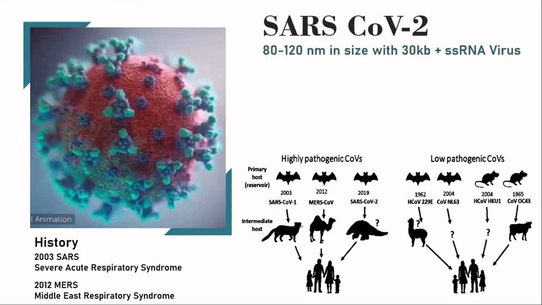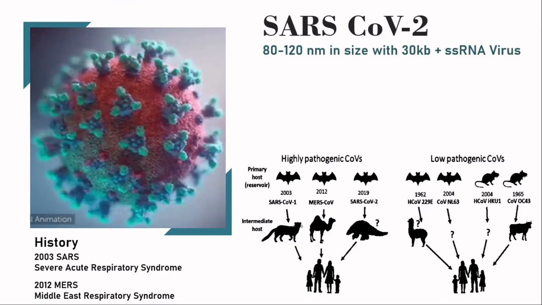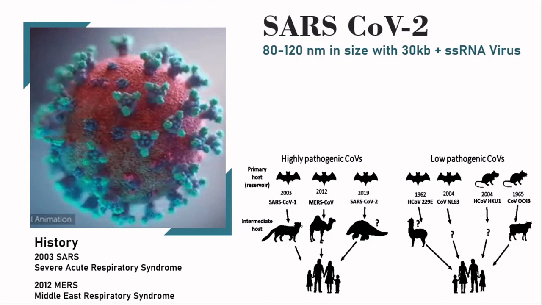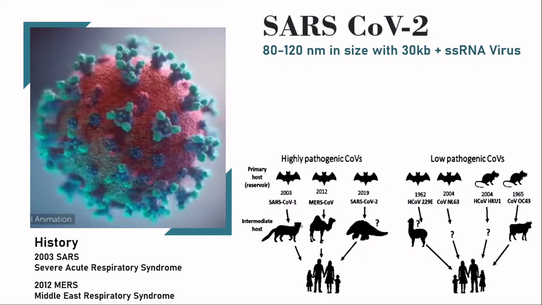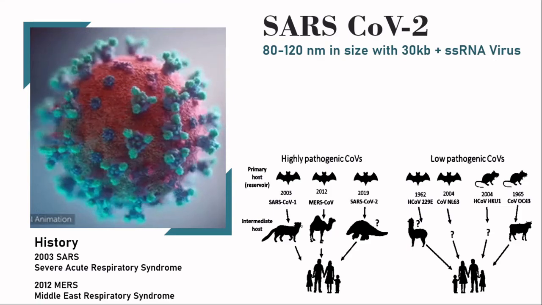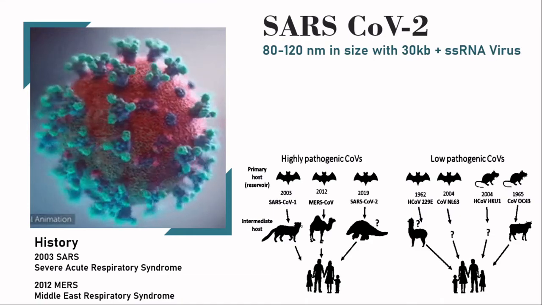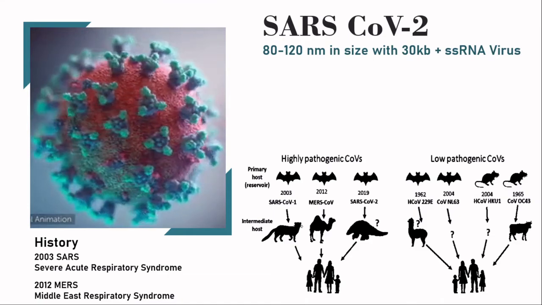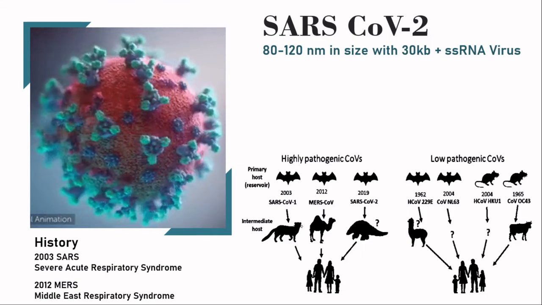Its size ranges about 80 to 120 nanometers in diameter, and it has genetic material which is positive sense single-stranded RNA. Now, what do I mean by positive sense? It is the RNA that, when it enters inside the host cell, can be utilized directly as mRNA for the production of viral proteins.